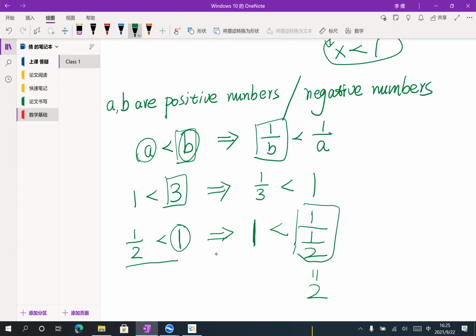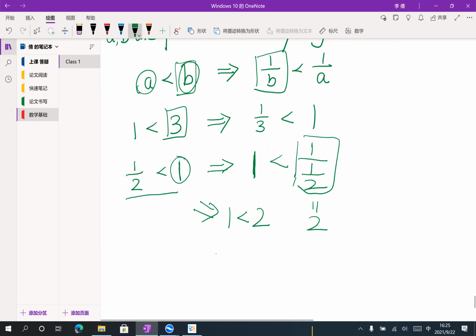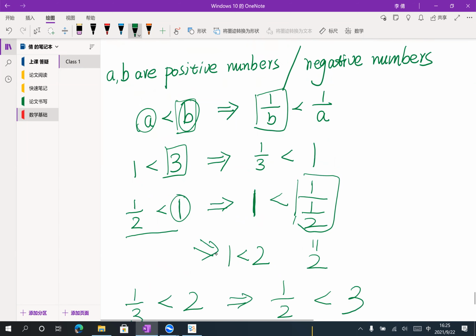So from this inequality we can get 1 is smaller than 2. Like this, 1 over 3 is smaller than 2, and from this inequality we get 1 over 2 is smaller than 3, right? Yes. So these are some examples of this property.